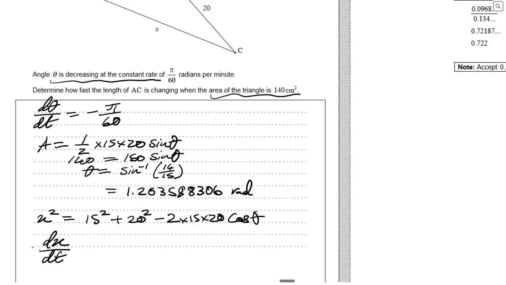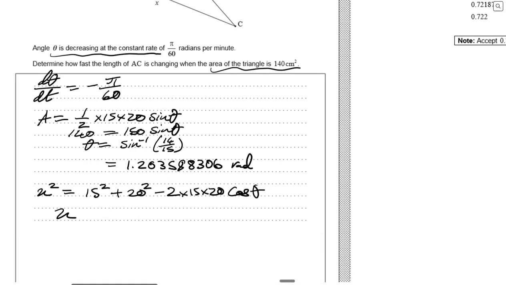So dx dt, and we have 2, so 2x dx dt is equal to 15 squared is 225 plus 400, that's 625. Oh, sorry. First we need to find x, right? First find x by plugging in the values, and then find dx dt.